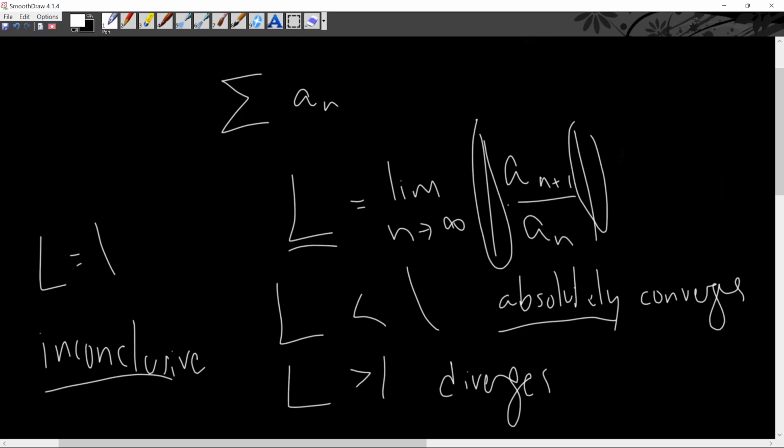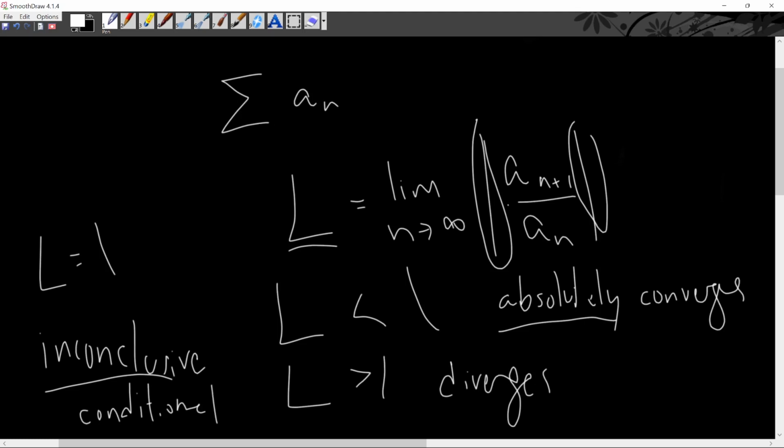Even if you took the absolute value of every term and summed it up, you would still get a series that converges.